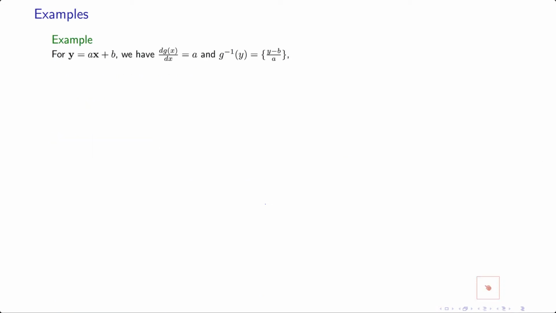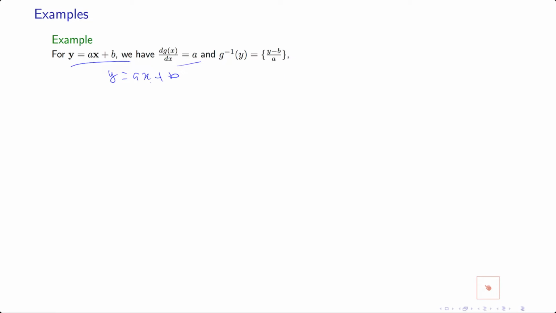In this example, I consider a linear transformation, and I want to find the PDF of y in terms of the PDF of x. The first thing I do is calculate the derivative of y equal to g of x, which is ax plus b. So the derivative of this is equal to a.